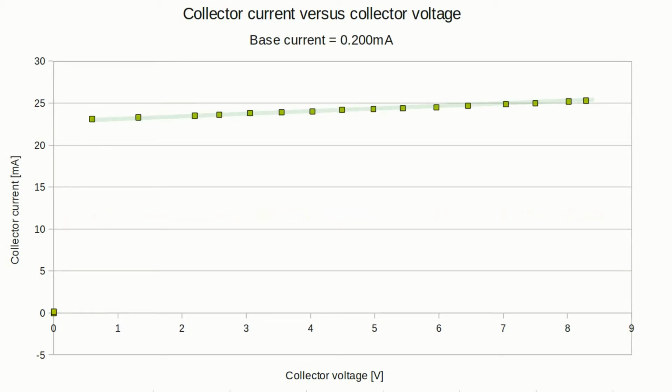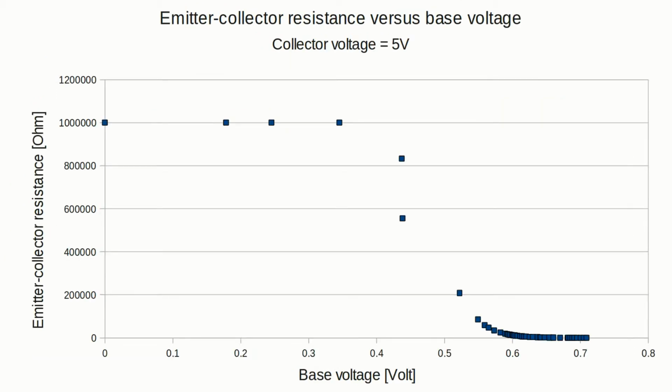This effect decreases with an increasing base current, meaning the slope of the curve is rising above 1 volt the higher the base current becomes. By drawing the resistance of the emitter collector line versus the base voltage at a constant collector voltage of 5 volts, we can see that the resistance is altering from 1 megaohm down to just 59 ohm.